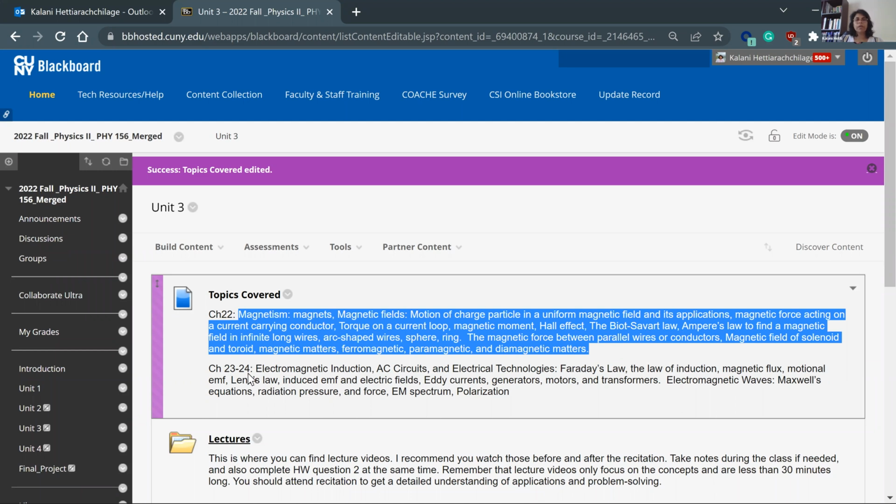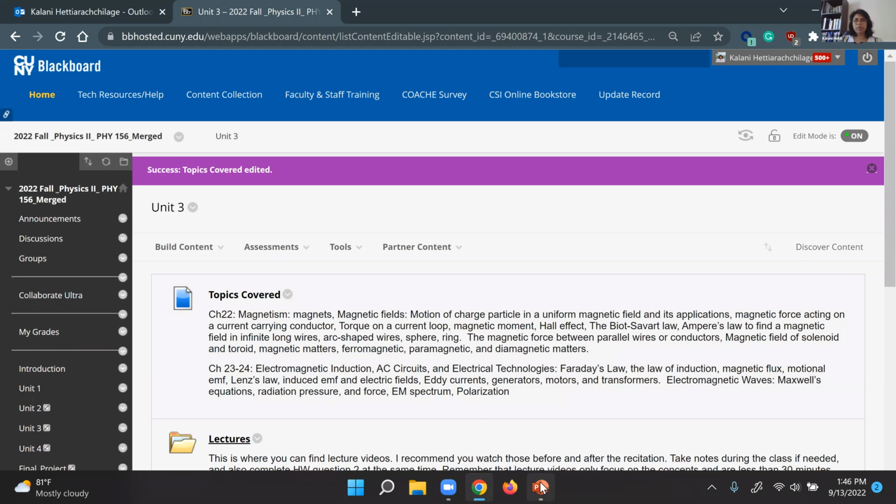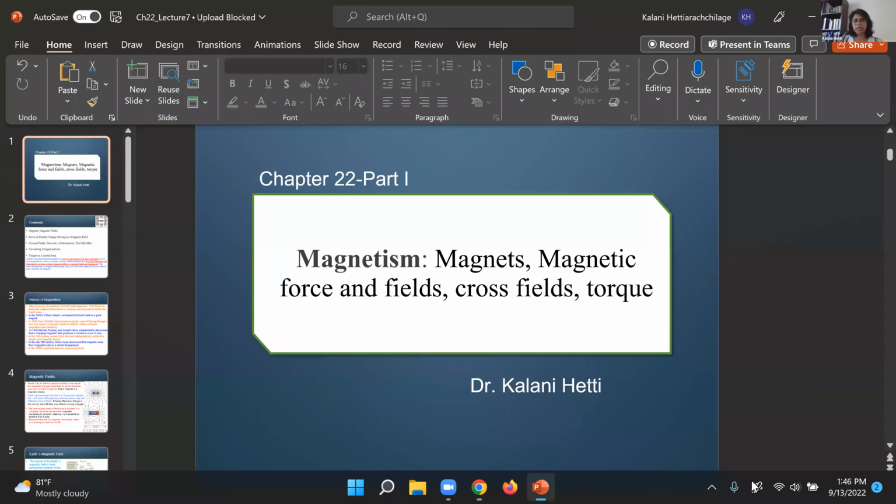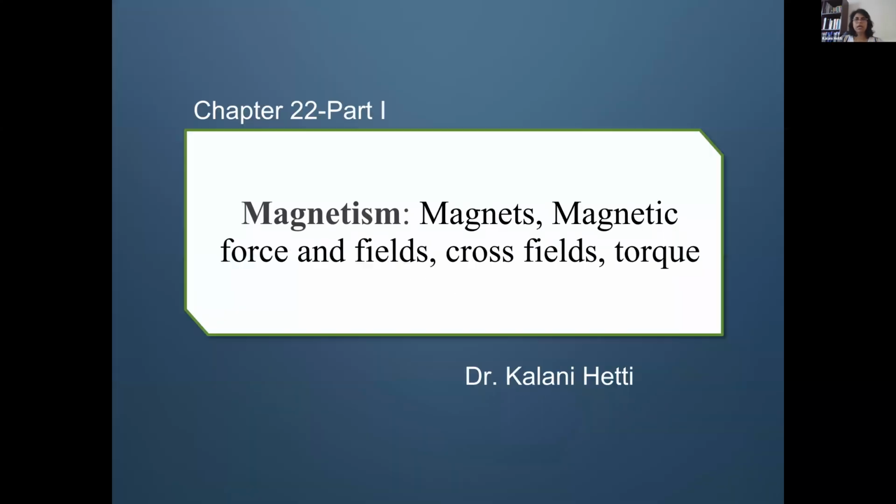Okay, so under chapter 22, as you can see here, my plan for this section is to mainly focus on magnets, magnetic force, and magnetic field. Because there is magnetic force, we'll look at how magnetic force and electric force combine to create a cross field when they are perpendicular to each other.